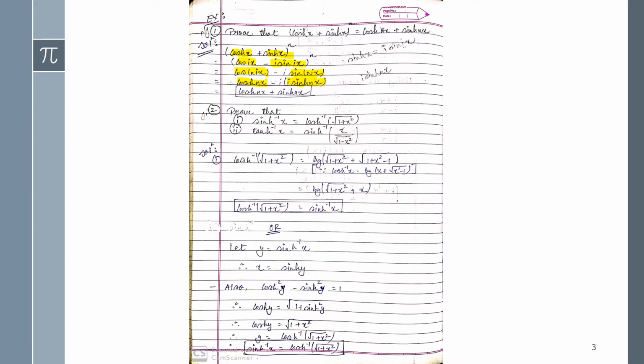In the first method I am going from RHS to LHS. So the RHS is cosh inverse under root 1 plus x square. If you start from the RHS, guys, you must know all the formulas of hyperbolic inverse for all the functions.